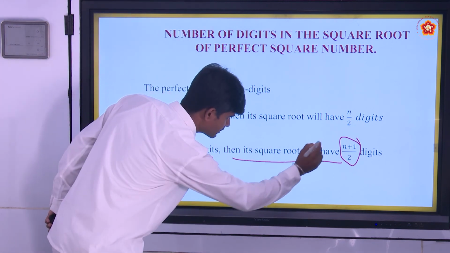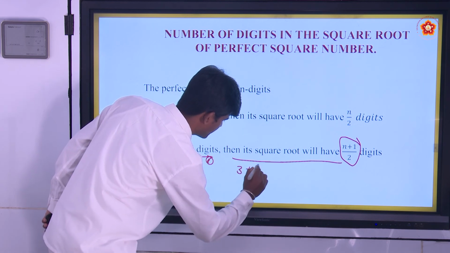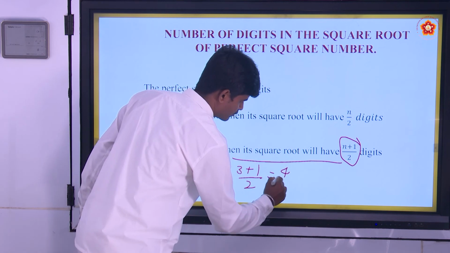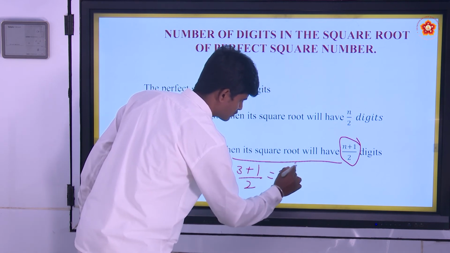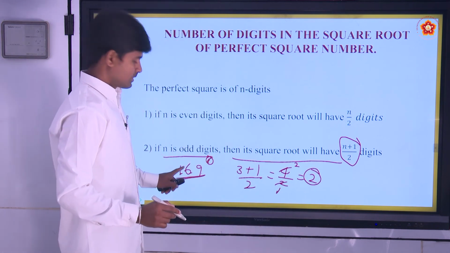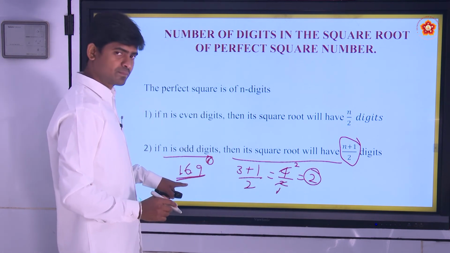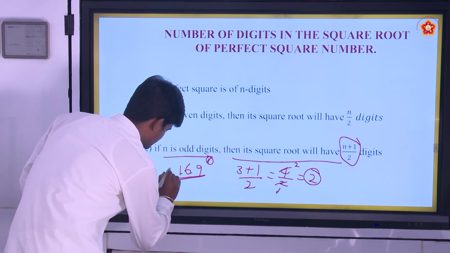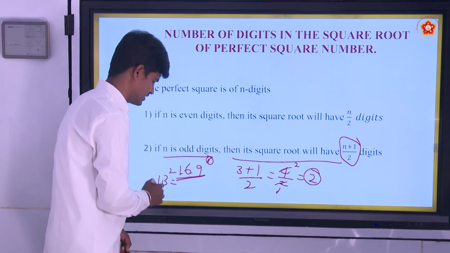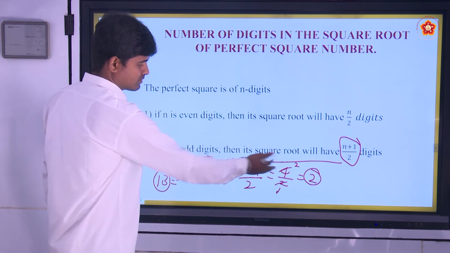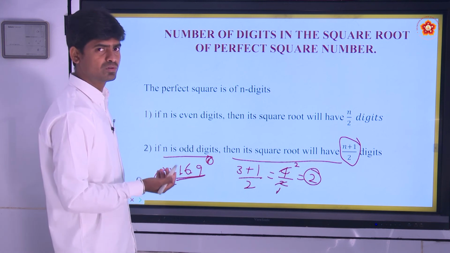So in place of n, 3 plus 1 divided by 2. 3 plus 1 is 4, 4 by 2, that is equal to 2. The square root of this number contains only 2 digits: 13 square is equal to 169. 13 contains only 2 digits. So it is (n plus 1) by 2 digits.